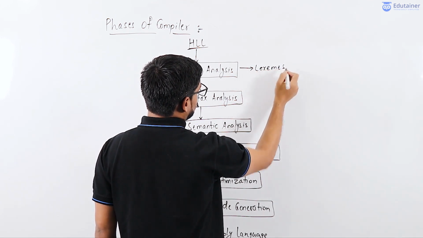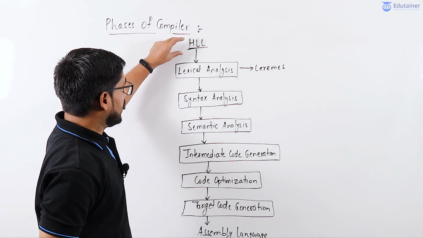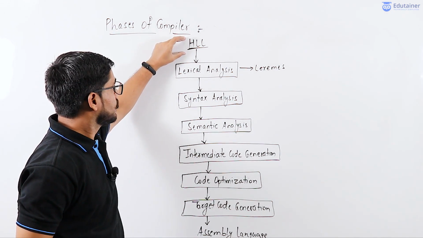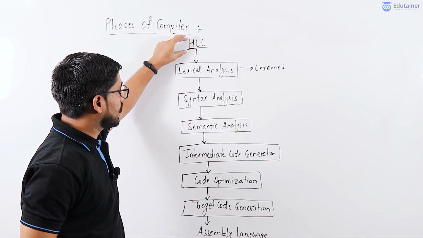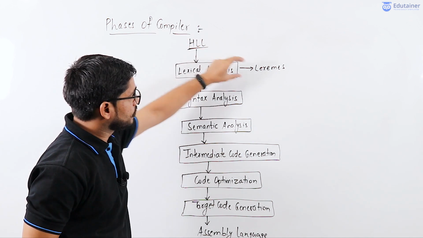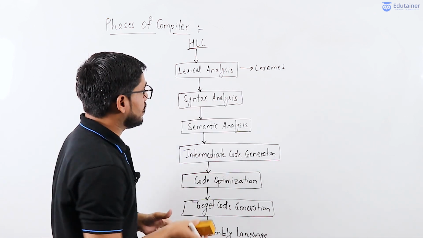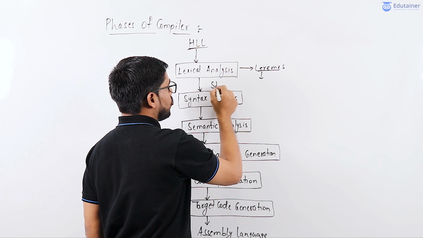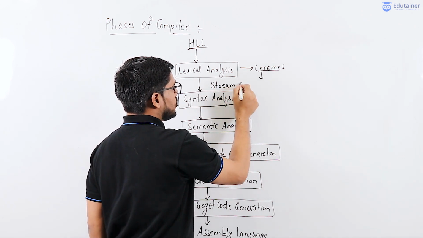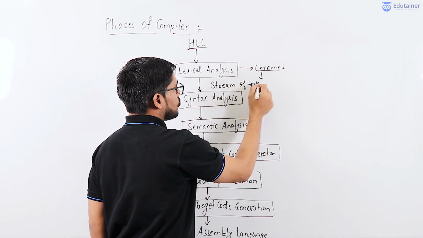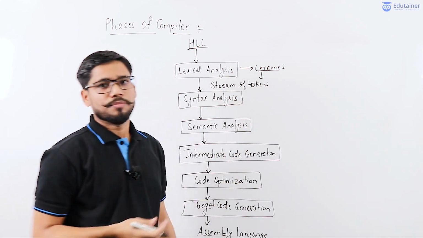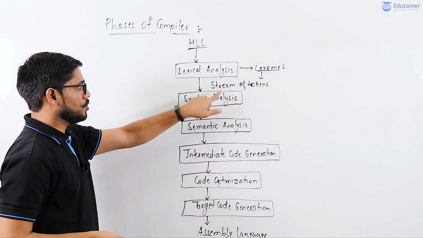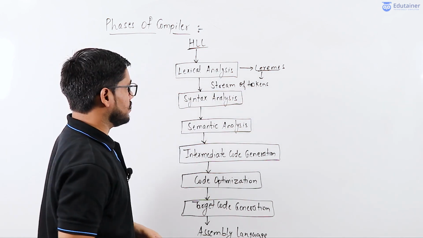So it will take all the variables or the keywords or the particular words in a high level language program, and it will think that it is a lexeme and it converts these lexemes into a stream of tokens. Okay, stream of tokens means identifier. So after the lexical analysis phase, you will get the stream of tokens as a result.